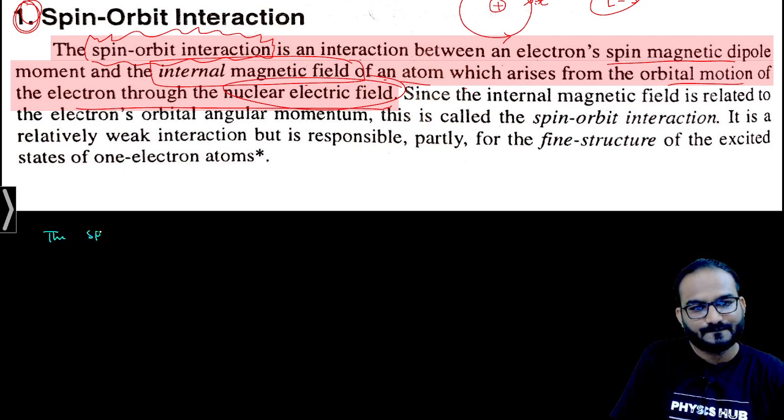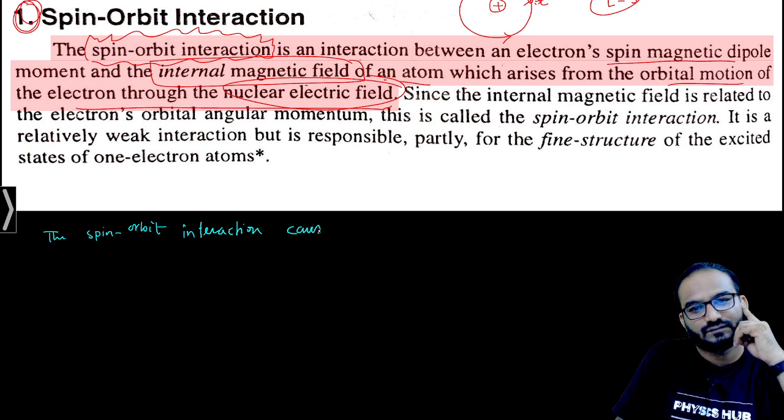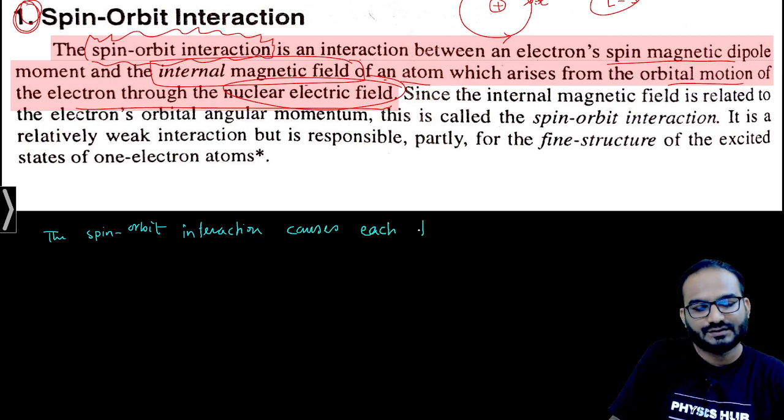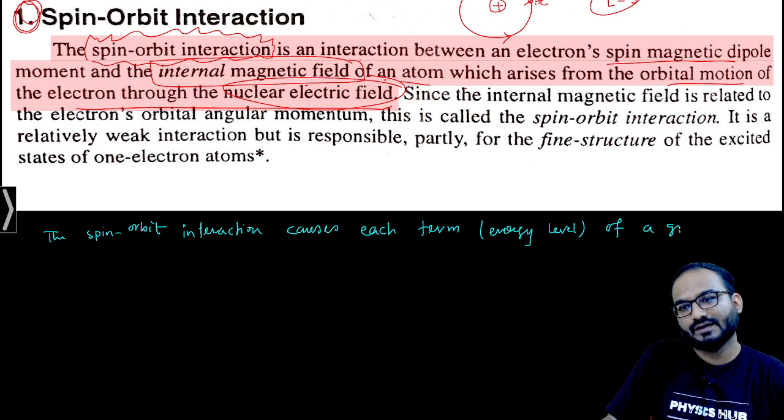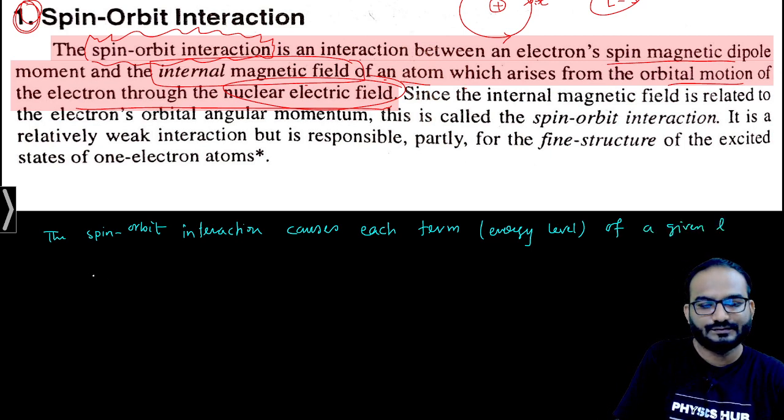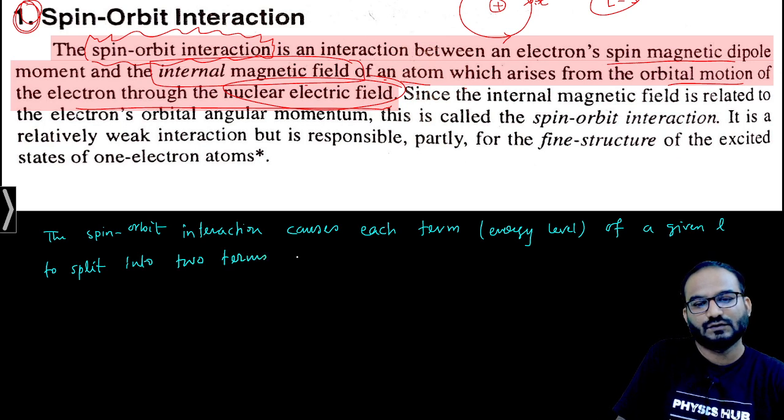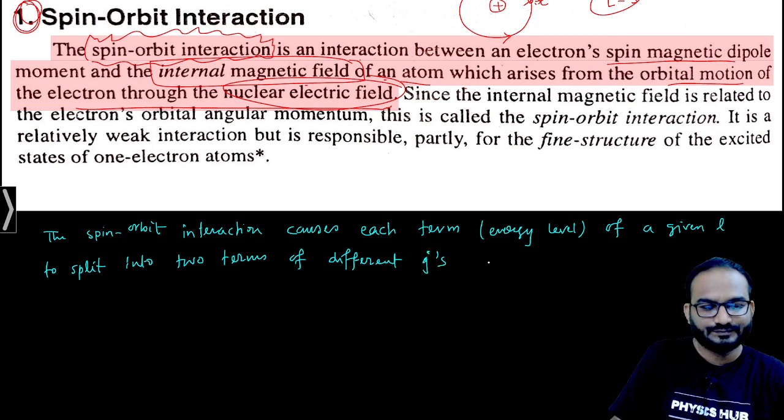The spin orbit interaction causes each term or energy level of a given L to split into terms of different total angular quantum number.